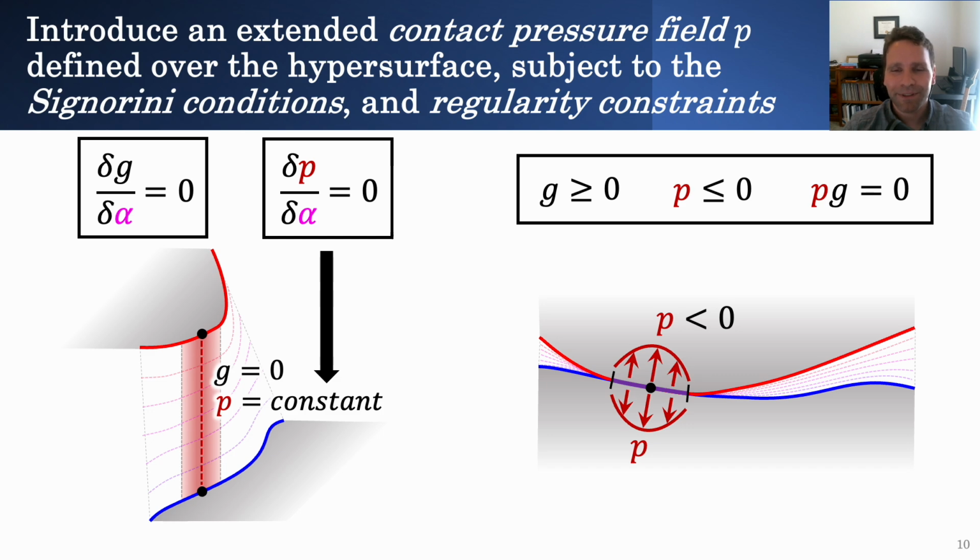We introduce a similar condition to the one that we enforced on the gap function, the zero normal curvature condition. So in other words, we say that the delta alpha derivative of the pressure field is equal to 0, which is equivalent to saying that along one of these trajectories where those two surfaces are in contact, the pressure should be constant.